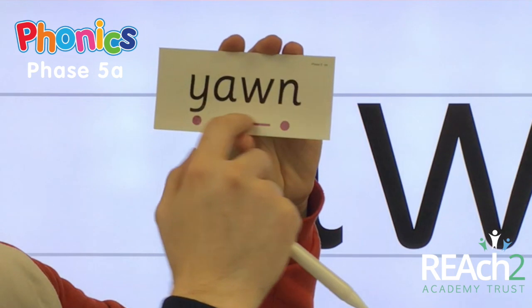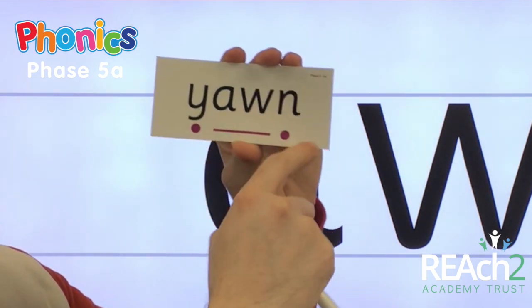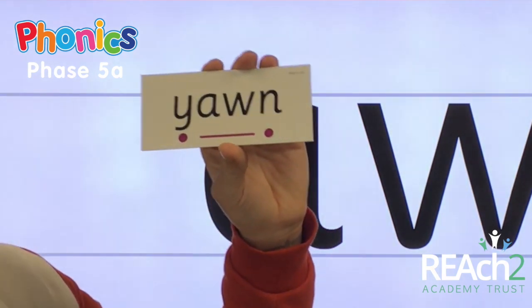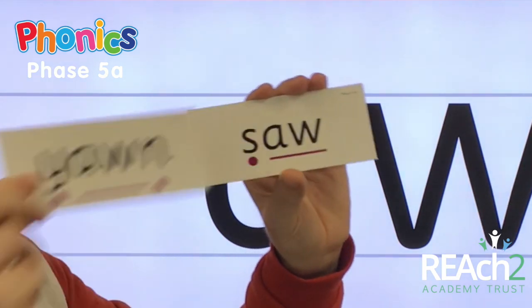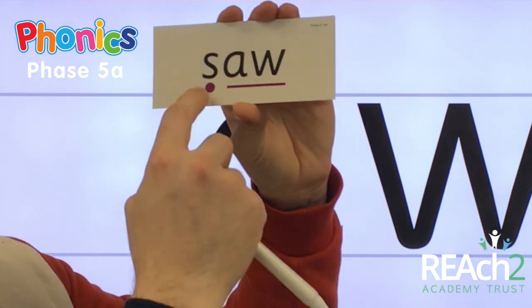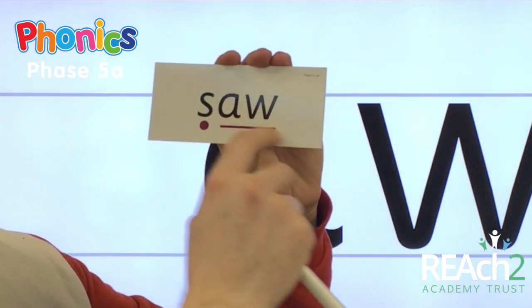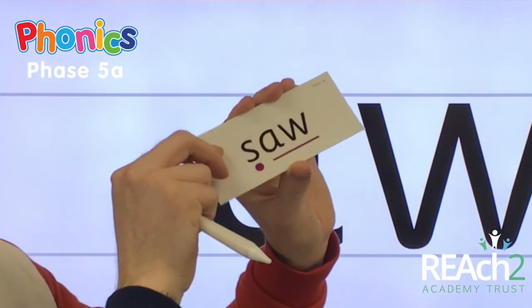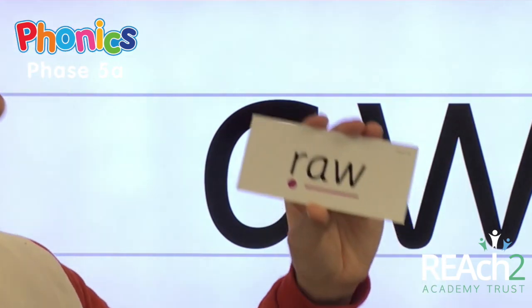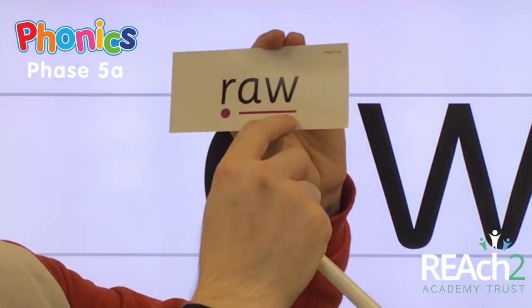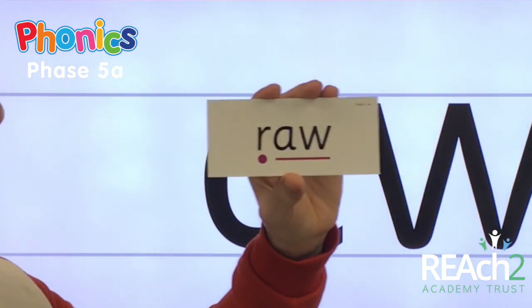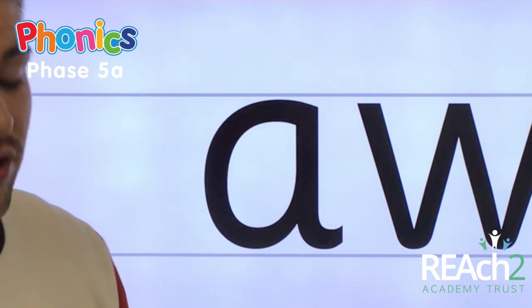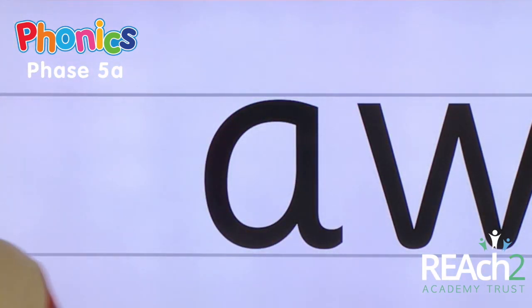Y, or, n, yawn. Oh, what a big yawn. Next, S, or, saw. We had a saw in our shed which was very sharp. R, or, raw. The meat was not cooked, so it was raw.